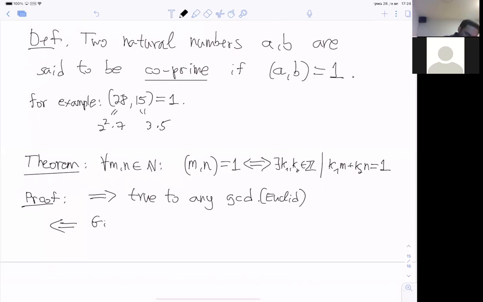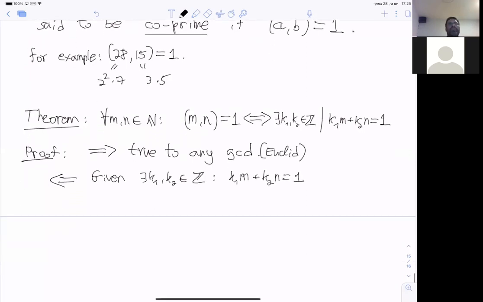Given an integral combination such that it gives you 1, okay?